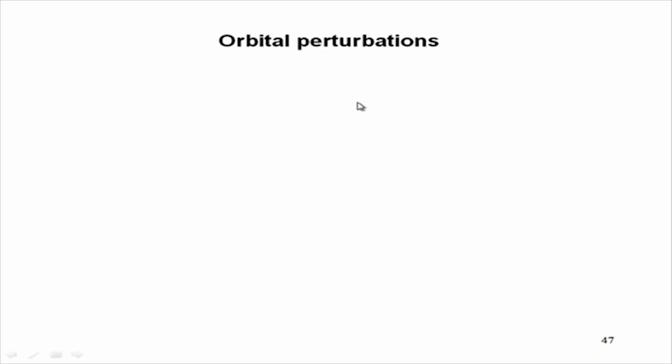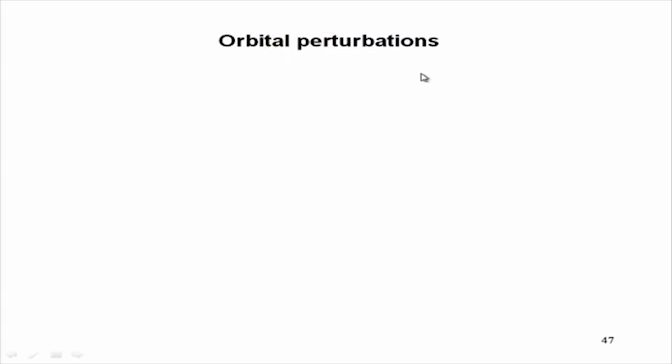Let us see. Now, that is briefly about raising the orbit into a different orbital plane and adjusting the orbital plane for GSO. But once you put the satellite into GSO, there are certain orbital perturbations. The basis is that all these things we were assuming that in the whole universe we have only two bodies, that is Earth and that satellite, with forces acting on each other, and Earth is a sphere, the satellite is also a sphere, and the center of mass is at the center of the sphere.